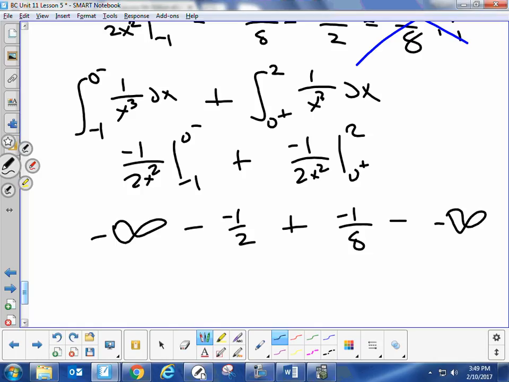Unfortunately, we end up with that being positive infinity minus infinity, which we don't know what it is. I probably need to do a little bit more work to show that this is divergent. But you get the gist of it.